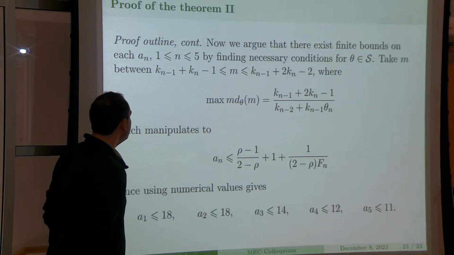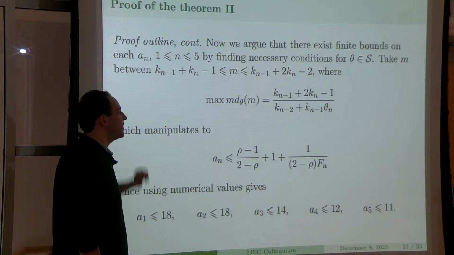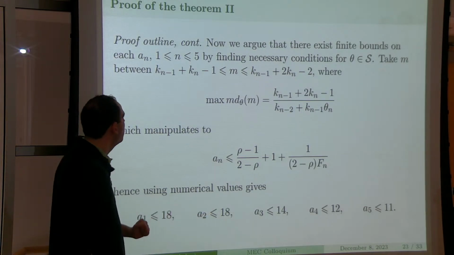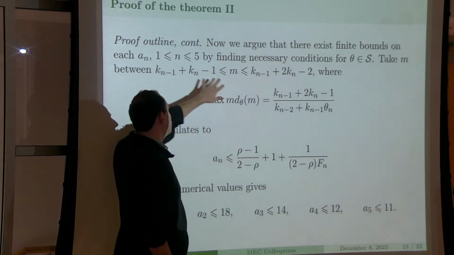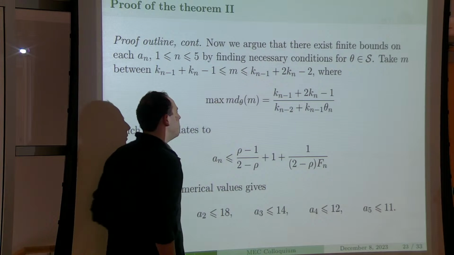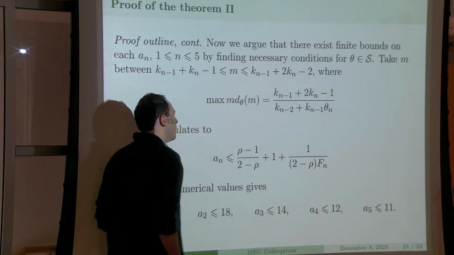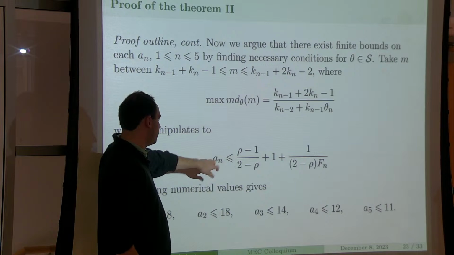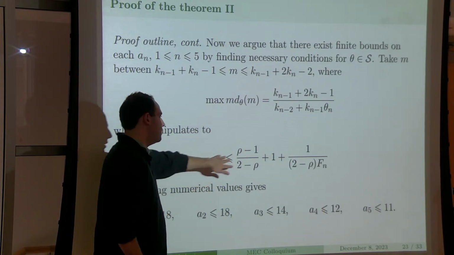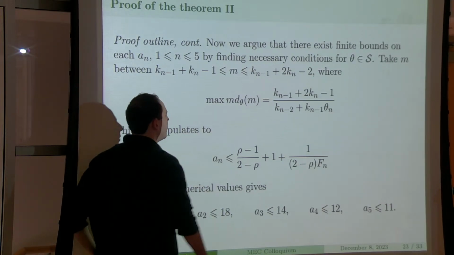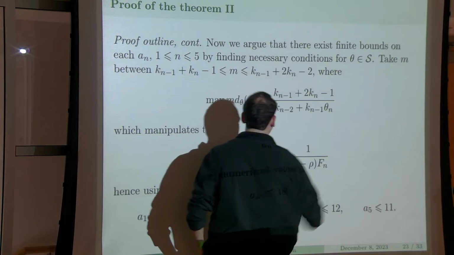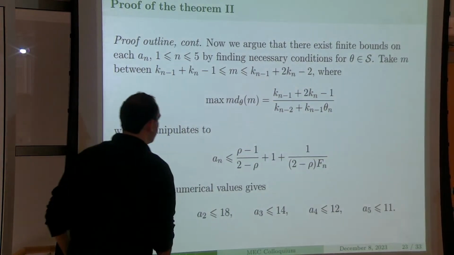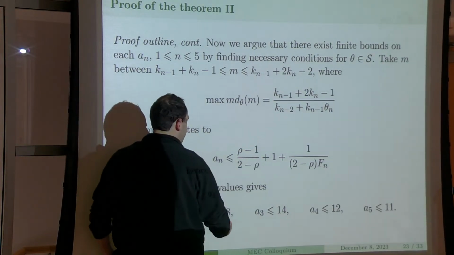So for each of these coefficients, a1, 2, 3, 4, 5, we're going to look at m lying in the interval that we always keep coming back to, and write down our m theta of m. And this manipulates to just being bounded by this. First off, we're going to have smaller than rho, which manipulates to this.